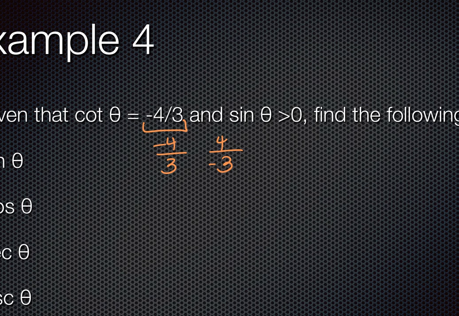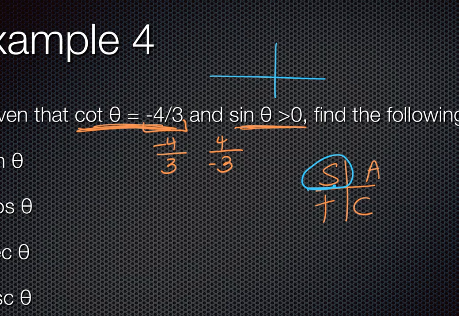And that's why they have to give you this second piece of information. So if cotangent is negative and sine is positive, which quadrant am I in? Second, where sine is positive and cotangent or tangent is negative.